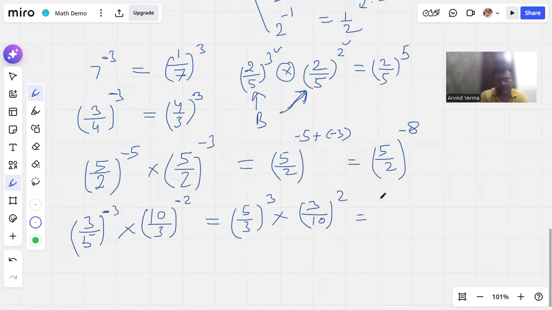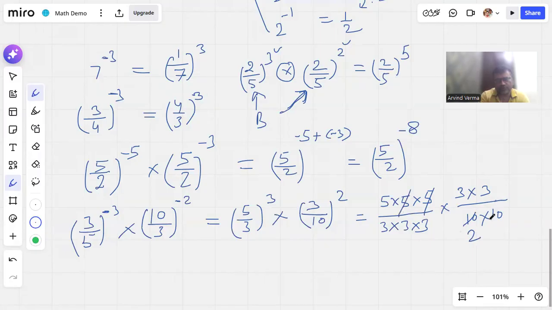So (5/3)^3 is 5 raised to the power 3 upon 3 raised to the power 3, and 5 cubed is 5 into 5 into 5, upon 3 into 3 into 3, into (3/10)^2. That is 3 squared upon 10 squared. Now 5 and 10 simplify to 1 and 2, and the 3s cancel out.